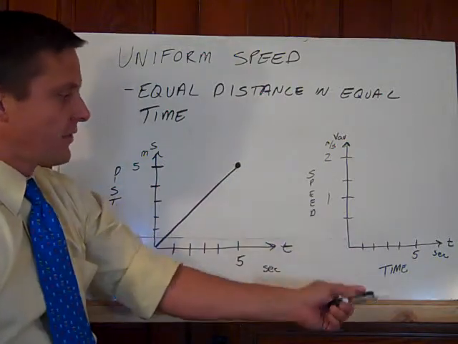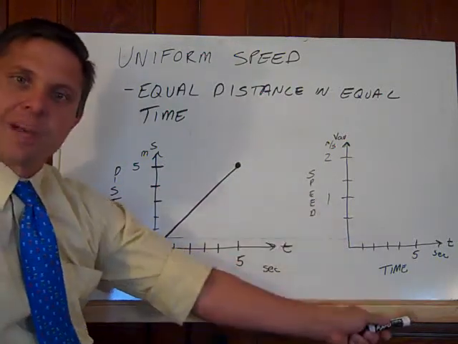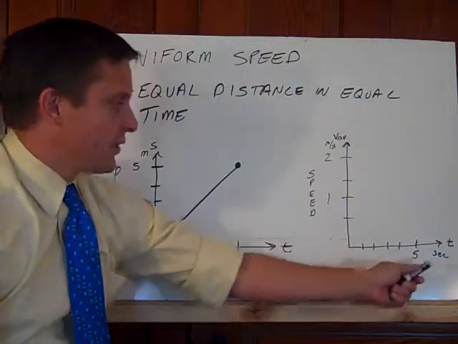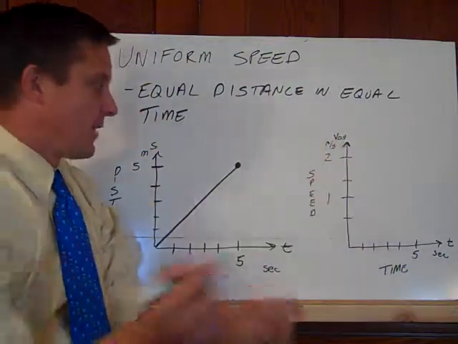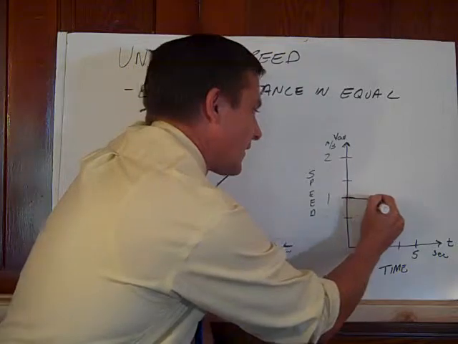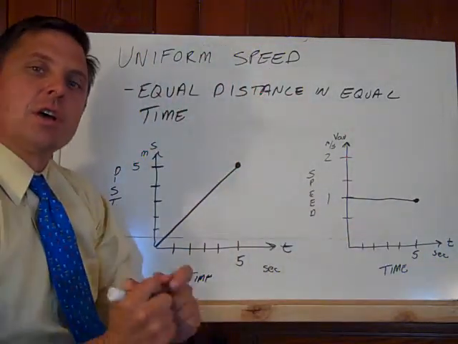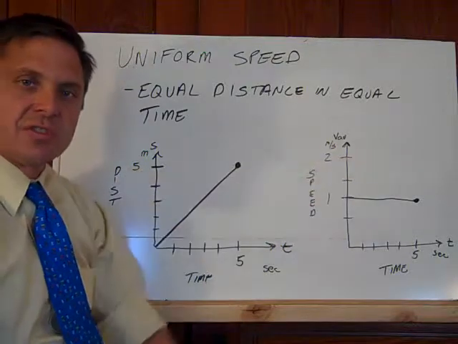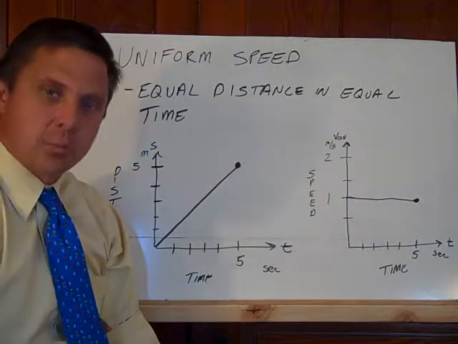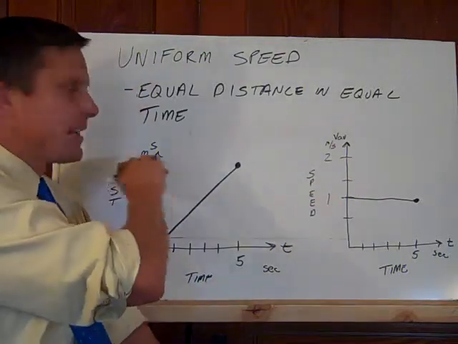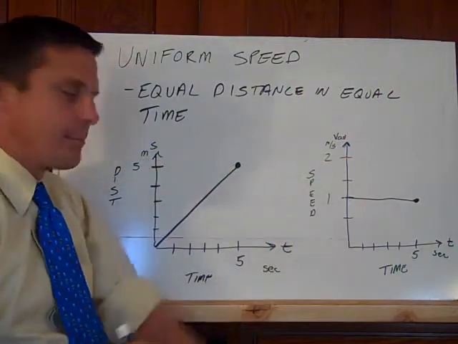If I wanted to graph this as a speed versus time graph, with time here in seconds, the speed would stay the same, and it would just be a horizontal line. Uniform speed just doesn't change. It's like going on cruise control on a flat road.